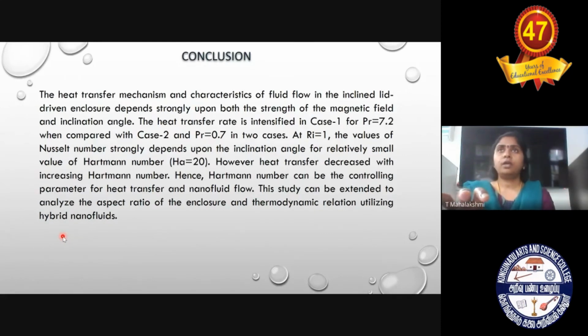Finally, it will be added to a base fluid. This is the concept of adding hybrid nanoparticles in the base fluid. So hereafter we can proceed with the hybrid nanofluid also in our heat transfer analysis.